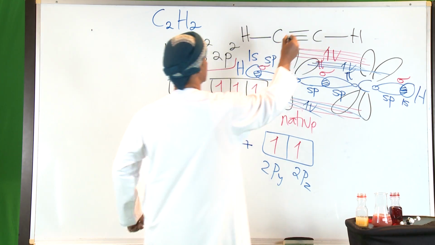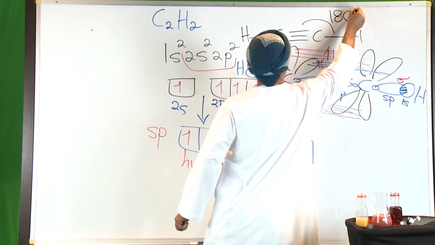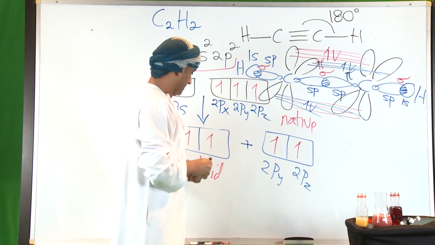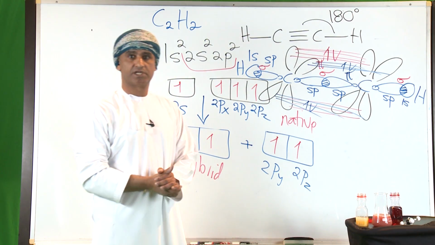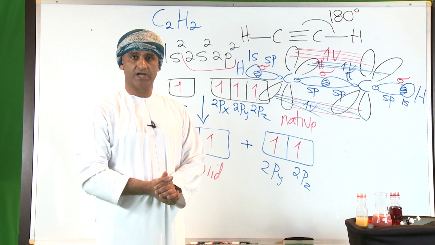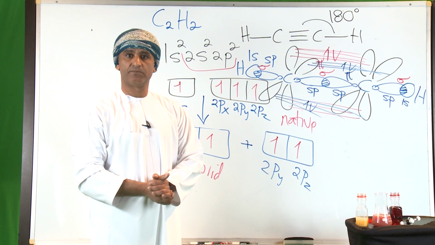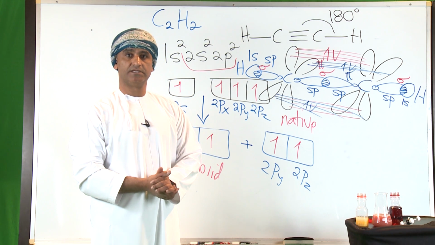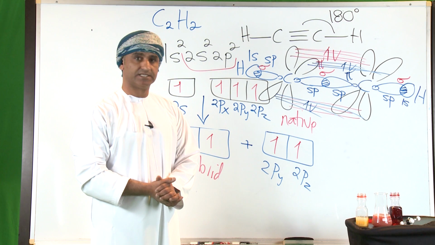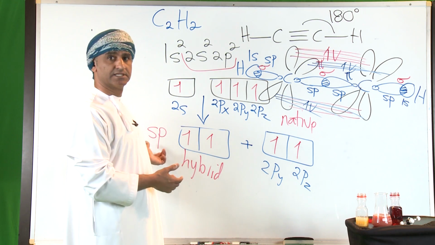The bond angle is 180 degrees because the shape is linear. So to conclude, each carbon-carbon triple bond has 1 sigma and 2 pi bonds. So overall, in the case of acetylene, there are 3 sigma bonds, 2 pi bonds. The molecular structure is linear, the bond angle is 180 degrees, and the hybridization is sp.